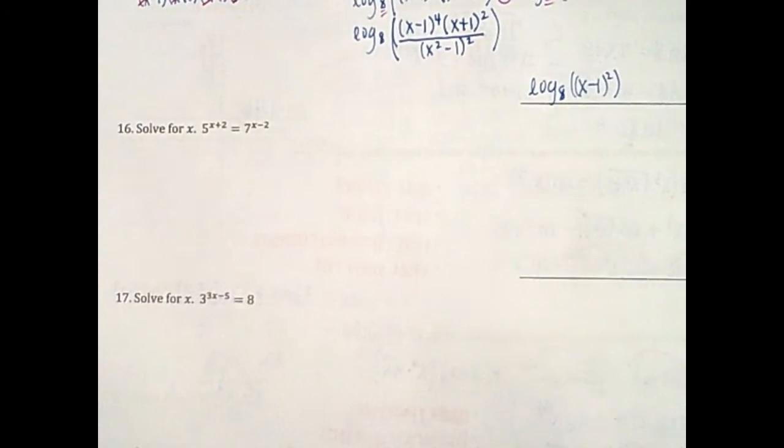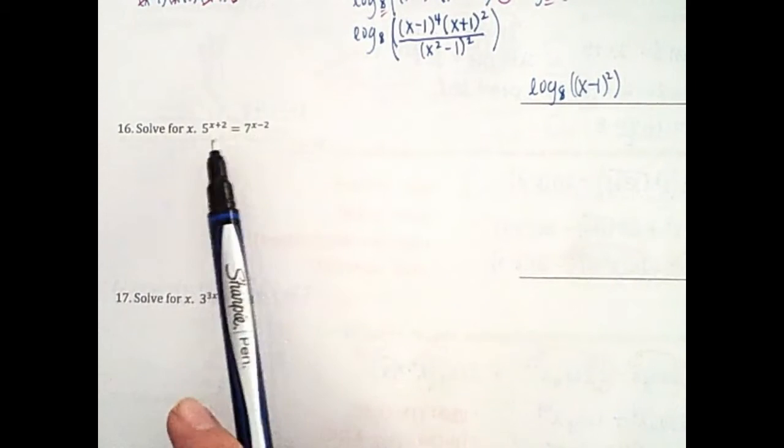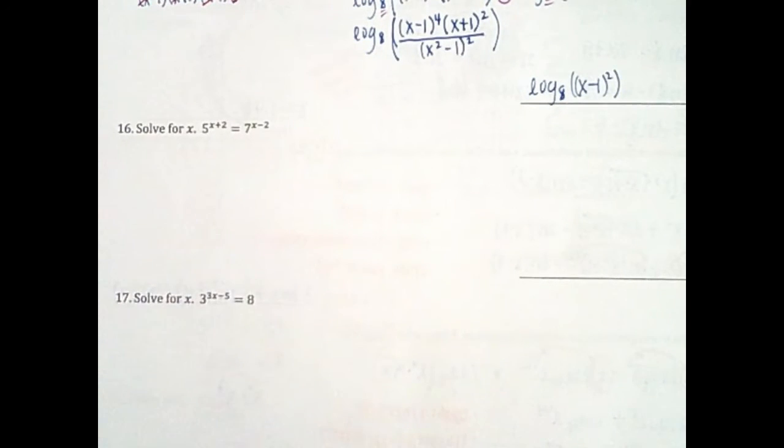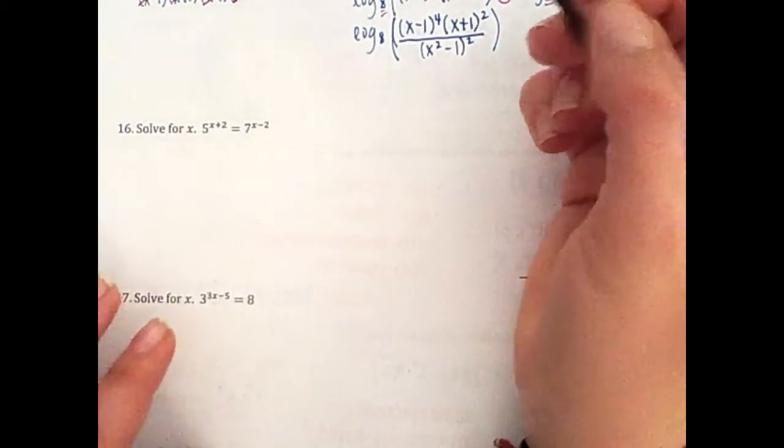So for number 16, we have two exponential expressions on both sides of the equal sign. Now, when we have two exponential expressions on both sides and they don't have the same base, you know at this point that you are going to apply ln to both sides or log to both sides. It doesn't matter, but I'm just going to apply the ln to both sides.